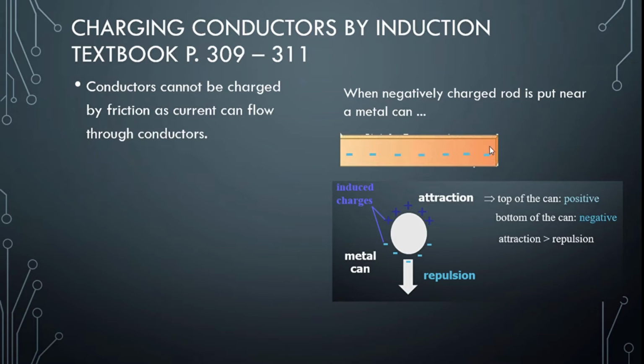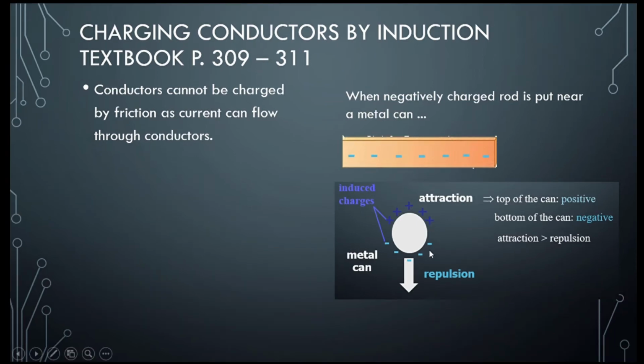The negatively charged rod has more electrons than protons, while the metal can has an equal number of protons and electrons, because at first the metal can is neutral. Because of the negatively charged rod, the electrons in the metal can are repelled, or pushed away, from the negatively charged rod.